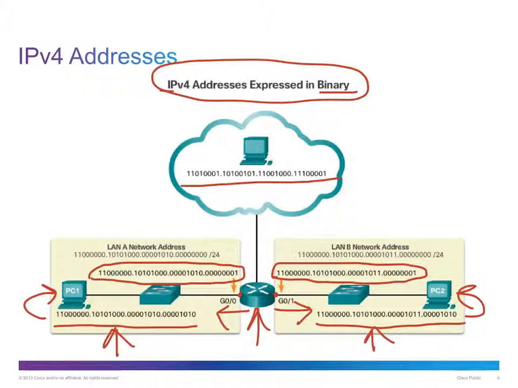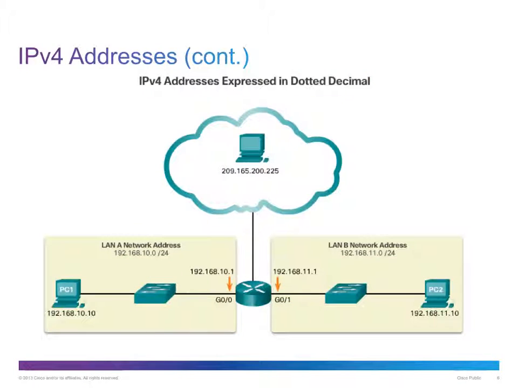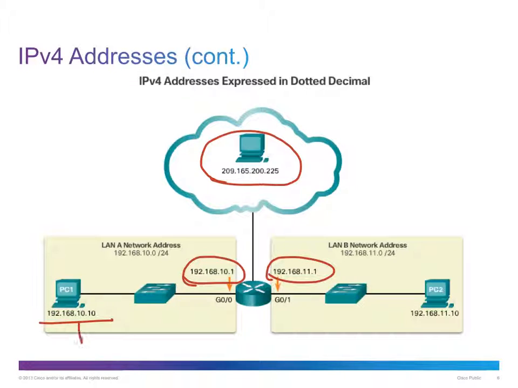Now it's really hard to visualize this using ones and zeros all the time. So it is to look at an IP address. This is a little easier for us humans to see. So we have this address, and you can see we got a 10 there and a 10 there. We'll talk more about that later. Here we have 11 here, 11 here.